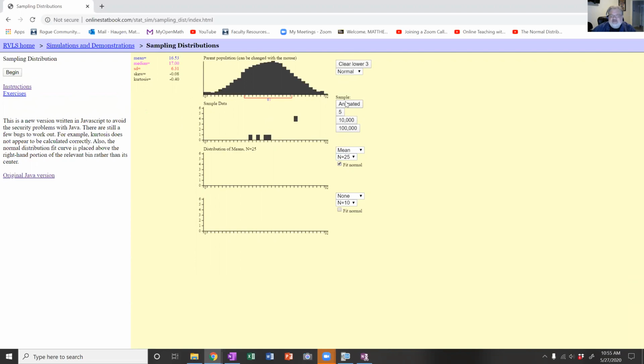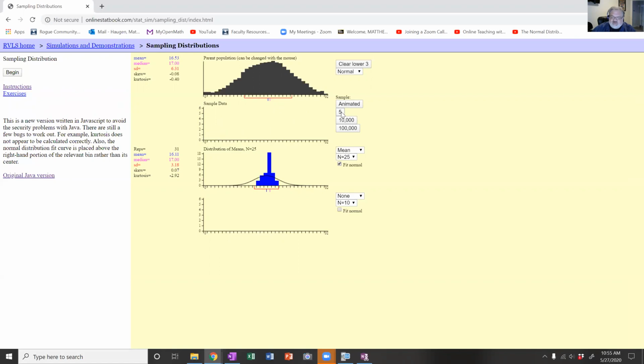Now again, this applet, that's what this thing is called, this little applet is taking those samples, finding the mean of the samples from this data, and laying it down as this is our average, our mean of the sample. It's doing it over and over again. This would be doing it 5 times. Now it's 10 times.